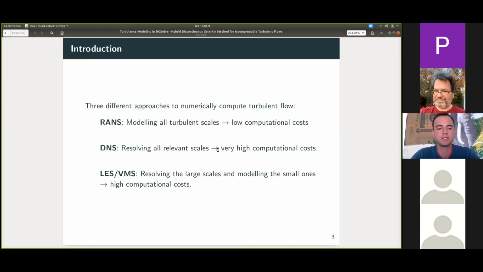In between there are the LES and the VMS, where we try to separate the larger scales, the lower frequency modes, from the smaller ones. There are 2 different approaches, the LES and the VMS, which we will see later on. Therefore the computational costs are quite reduced in contrast to DNS.